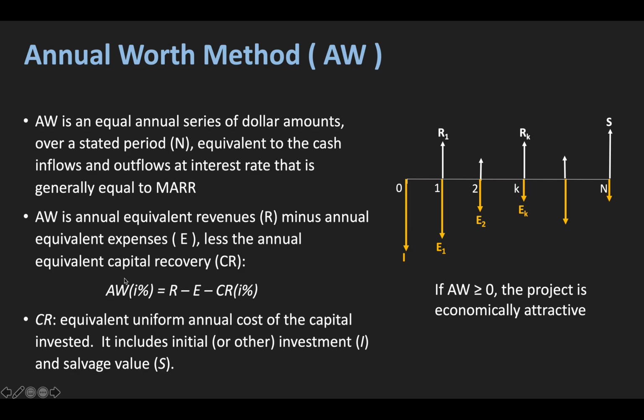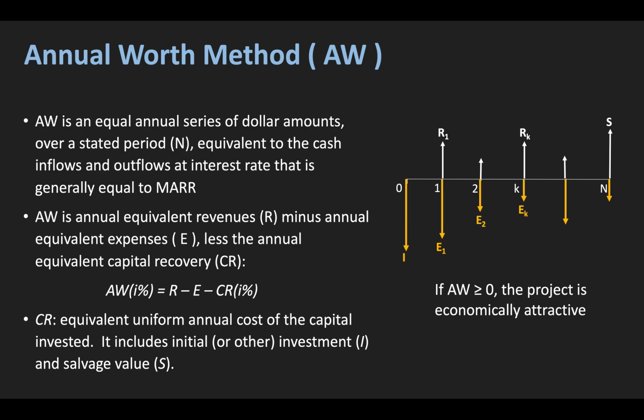So AW should be R minus E minus CR, based on the percentage of I, the interest rate.